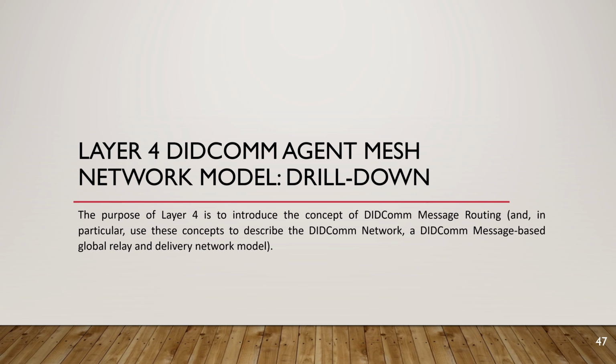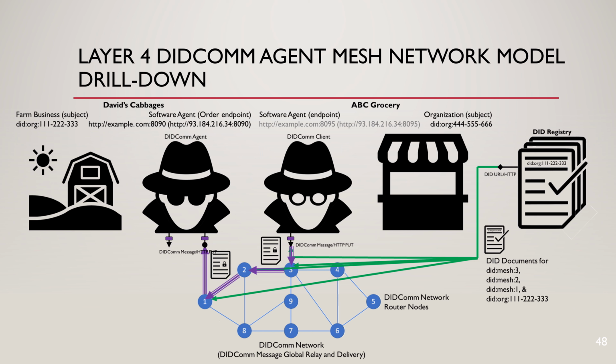So let's go into layer 4. Layer 4 is a little bit different from the rest. So far we've looked at the principal technologies. We've looked at DID addressability, we've looked at DIDComm messages, we've looked at DIDComm messages with attachments. Now in layer 4 we're adding the concept of DIDComm message routing, and here we see an example of that.